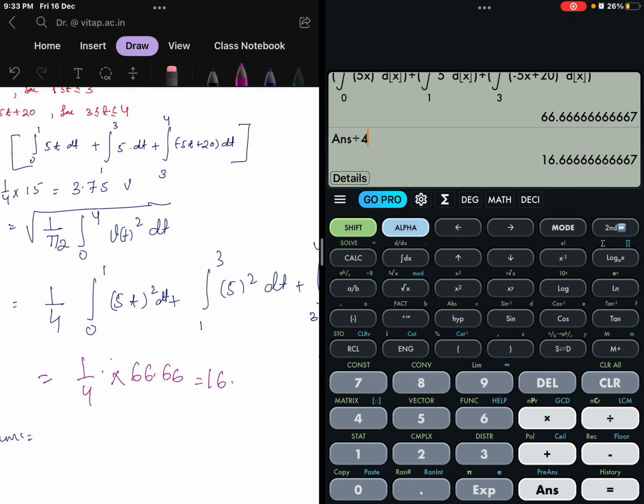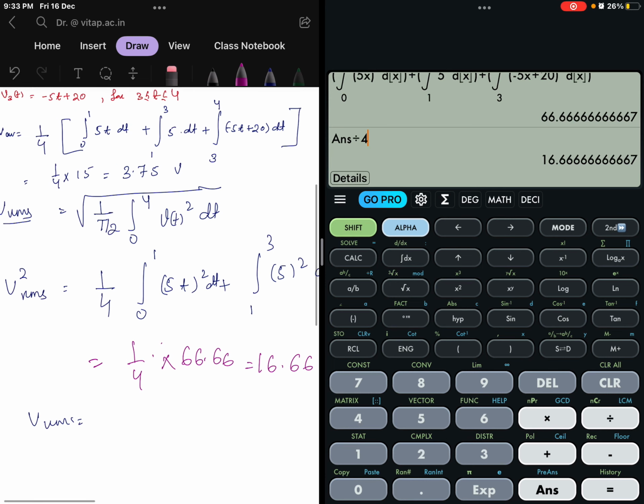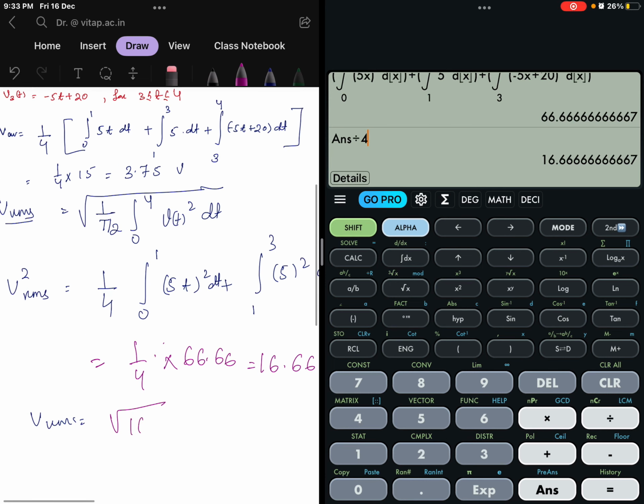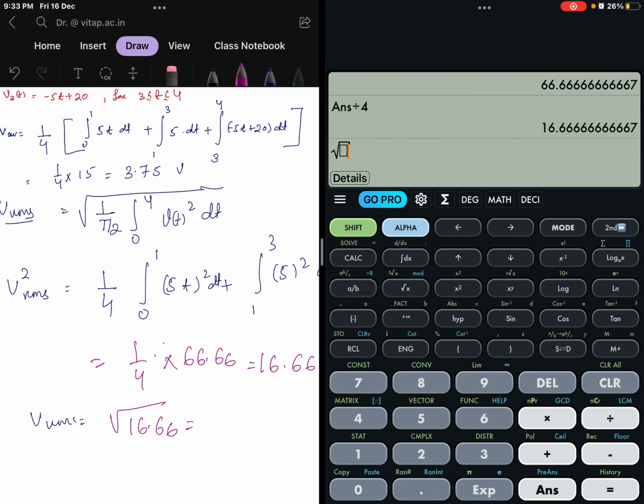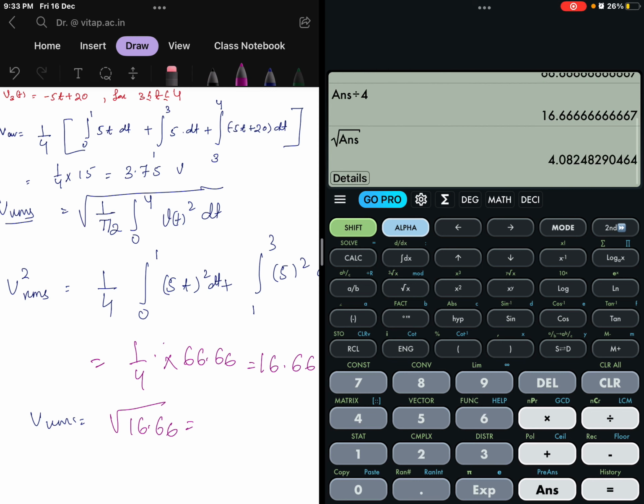So, that is equal to 16.66. Okay, now VRMS is square root of 16.66. So, square root of 16.66, that is equal to 4.082 volts. So, this is your VRMS value.